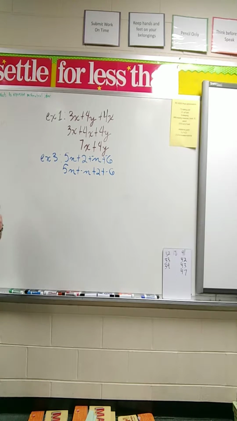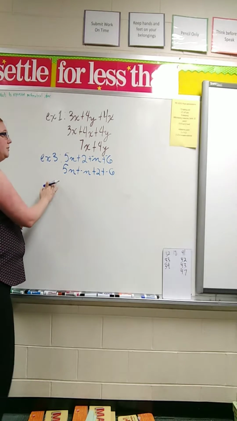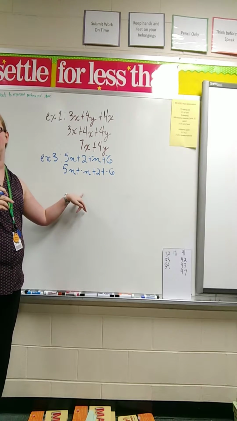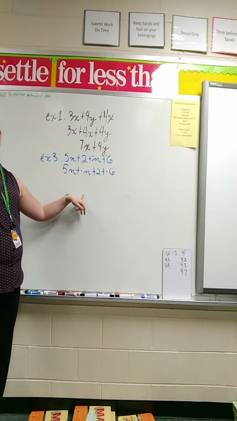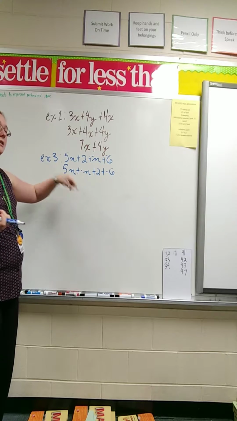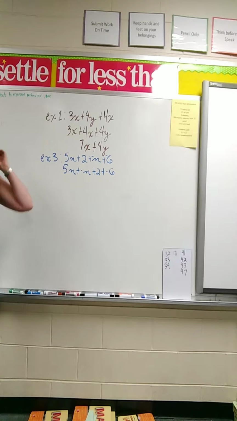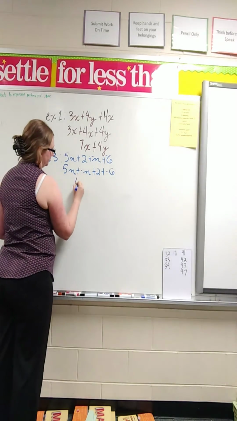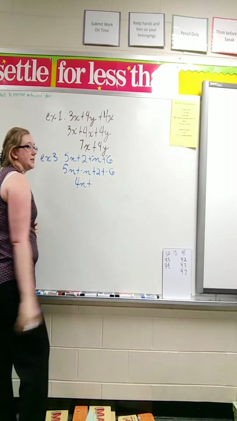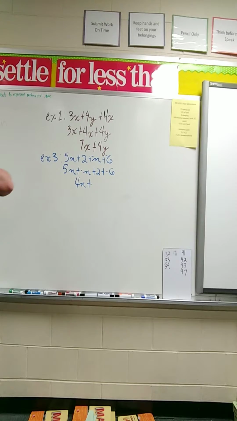Don't forget your negatives. Now, when I add, I go from left to right. So do I need parentheses? Could I put them in? Yes, I could, but I don't need to. What's 5n plus a negative n? 4n. Plus 2 plus negative 6 is? Negative 4.